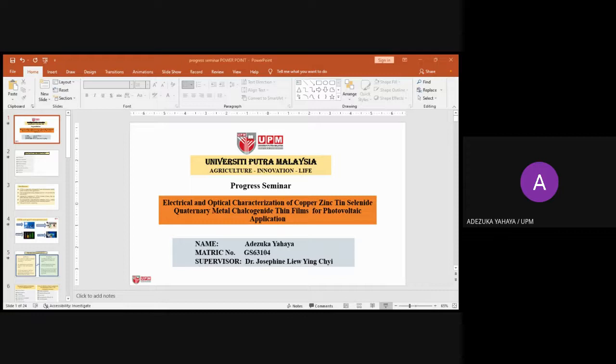With an energy band gap of 1.5 electron volts, it is suitable for thin film solar cell devices. Although the constituent elements of CZTSe are heavy, they are earth abundant, cheap, and non-toxic. The compound has a high absorption coefficient, and this makes it suitable for mass production as a solar absorbing material.